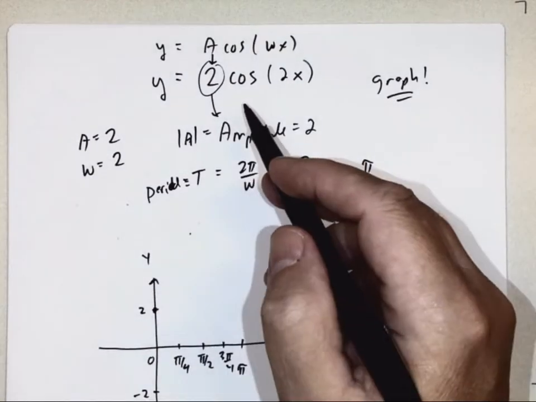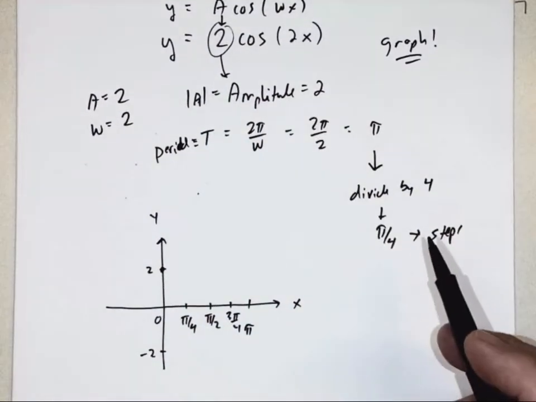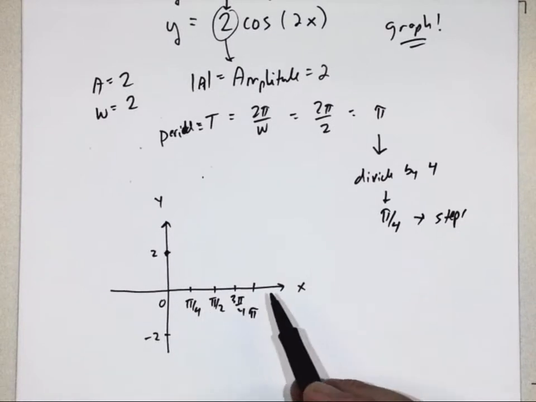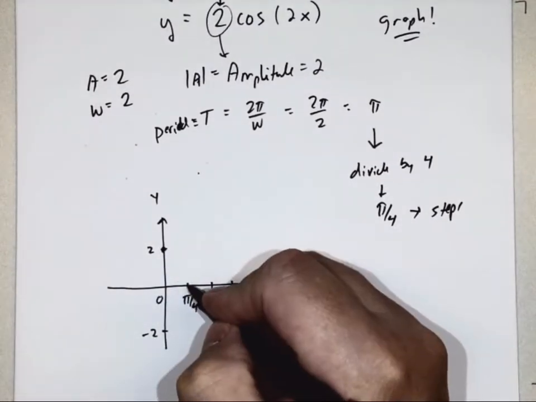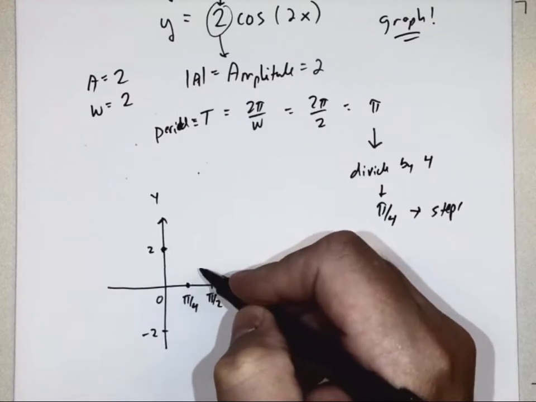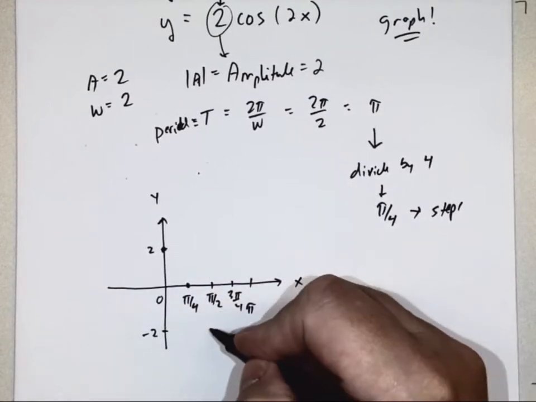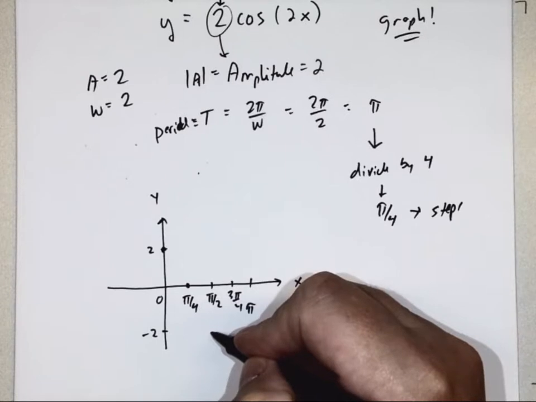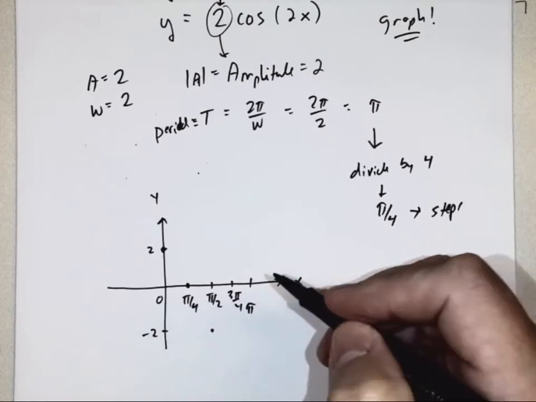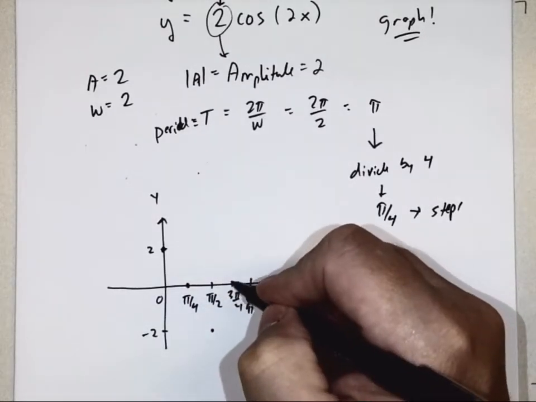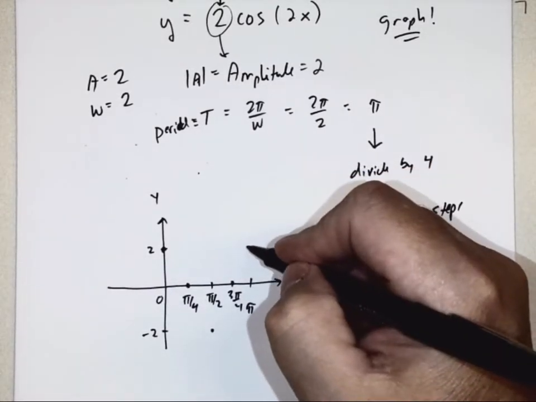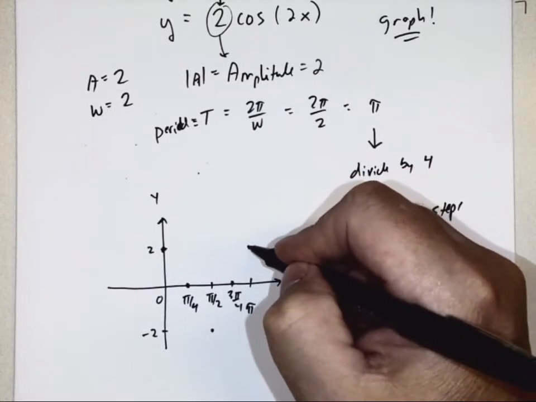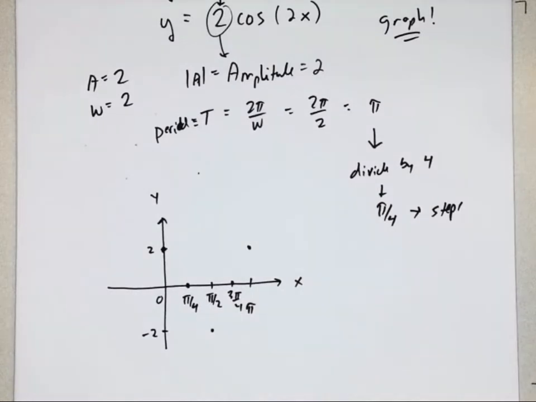But I don't even need to look at this equation now. I just look at these points here and I realize a cosine starts high. At the next point, it hits 0. Then if you keep going, it goes down to the low point. Then it comes back to 0. Then if you keep going, it goes back up high.